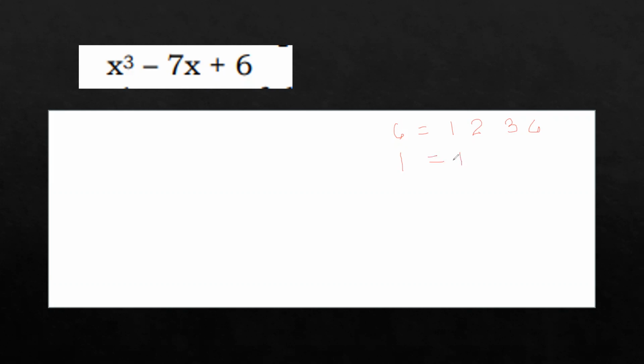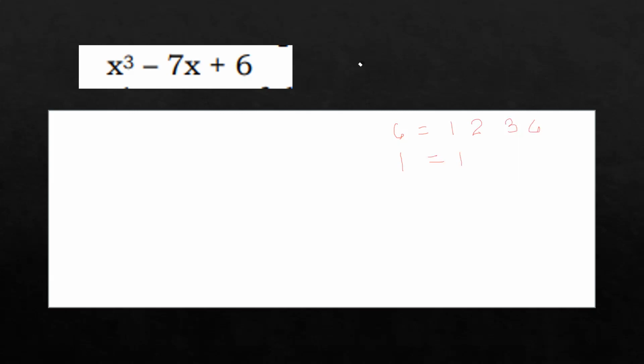Wala pa rin nagbabago. Magbabago lang yan kung merong numerical coefficient dito, kunyari 2x cubed, then magkakaroon siya ng number doon sa baba. Pero as of the moment, di muna tayo pupunta doon. Focus muna tayo na ang ating pong numerical coefficient of our first term is 1.